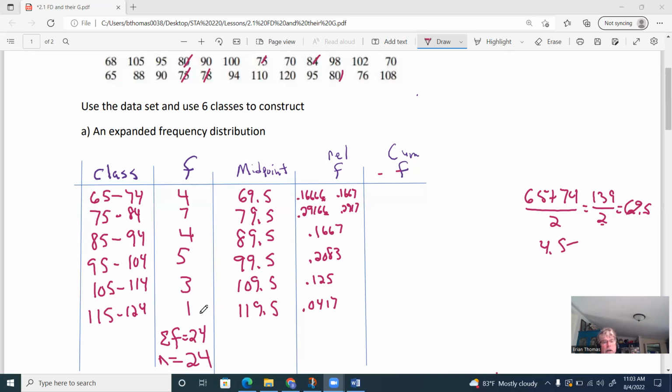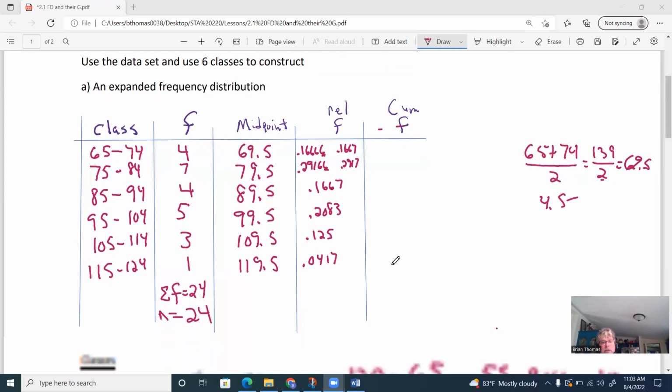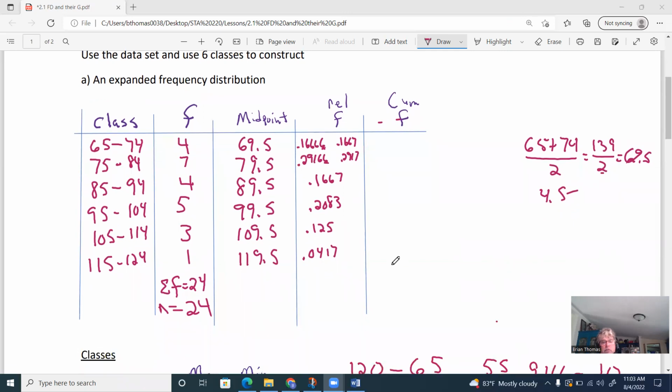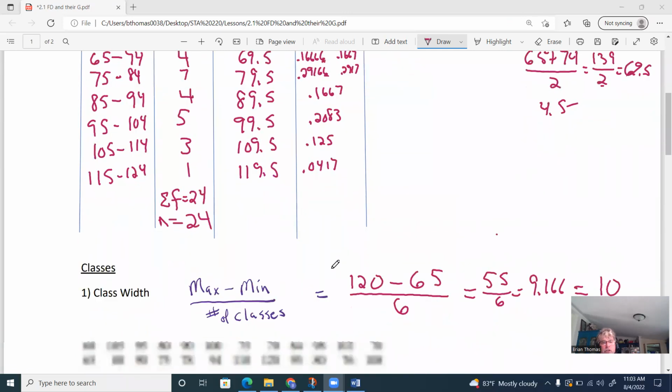And the last one, the frequency was 1, and the relative frequency would be, as a decimal, 0.0417. In other words, about 4% of the data is between 115 and 124, if I'm talking percentage math. But I think in MyLab Math, they just want that as a decimal. It's easier to understand, though, as I move forward if I change that into percent notation.